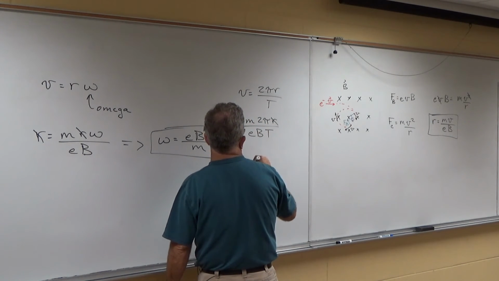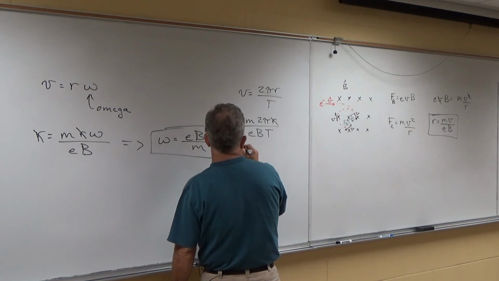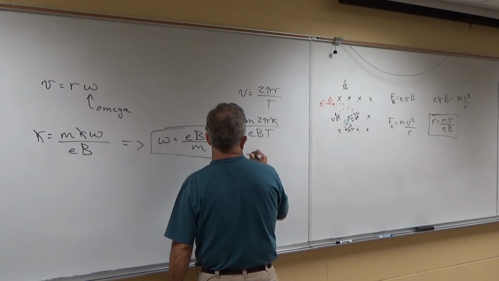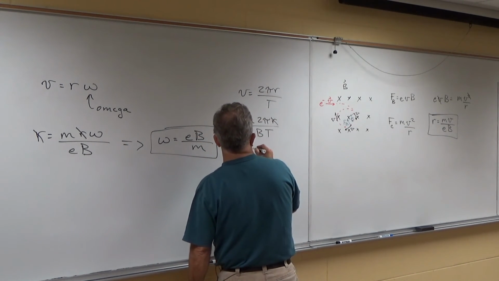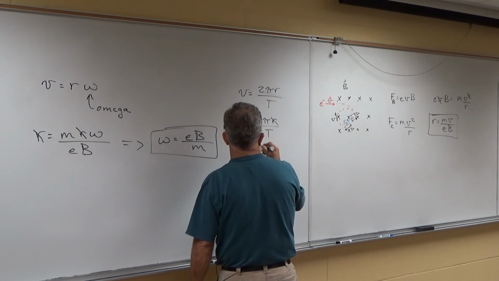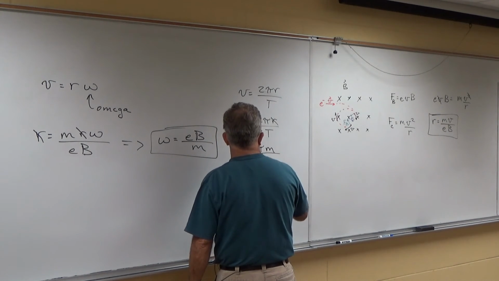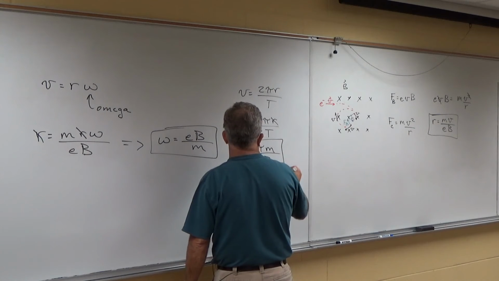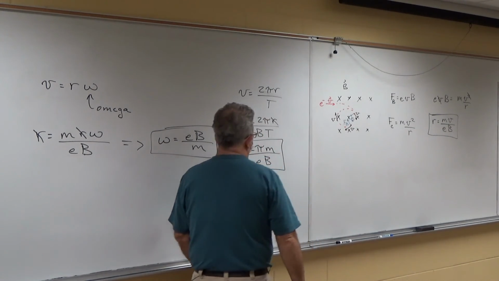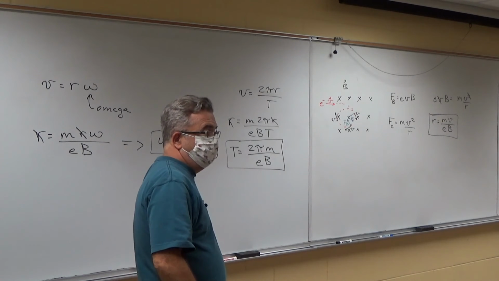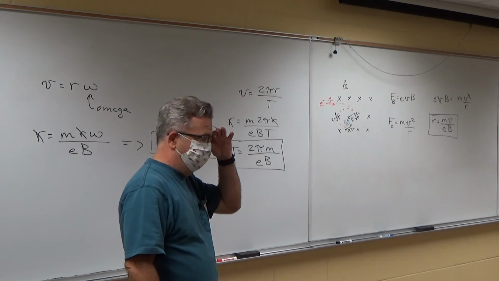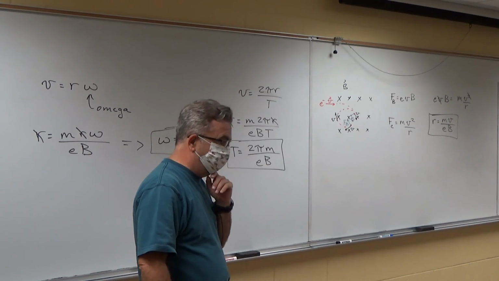R goes away, and you get the period. T is equal to 2 pi M over EB, right? I think that's right. So that's the period of the orbit, independent of V.